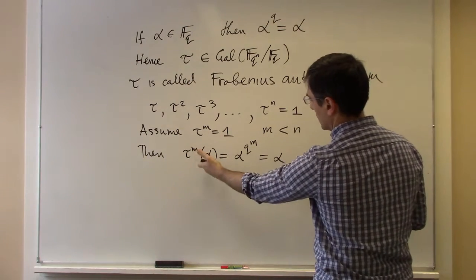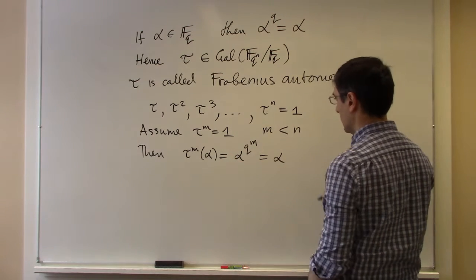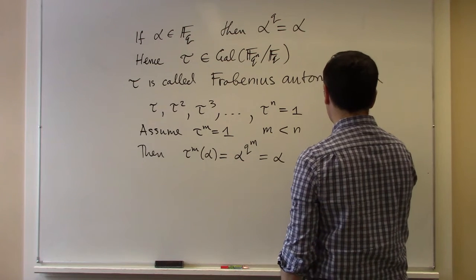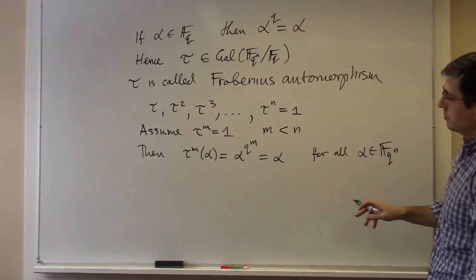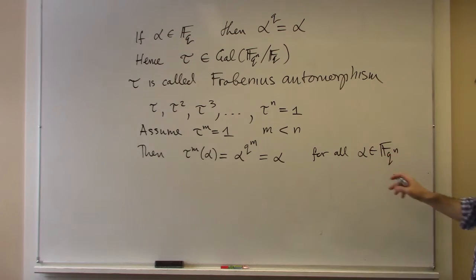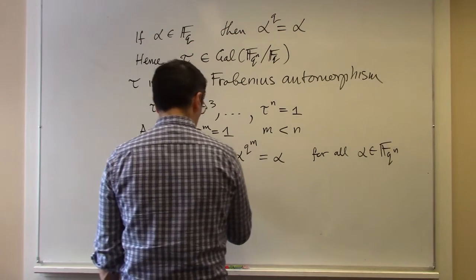If tau m is 1, then this is alpha. On the other hand, it is alpha to q^m for all alpha in Fqn. But then this means that all elements of this field satisfy this polynomial.